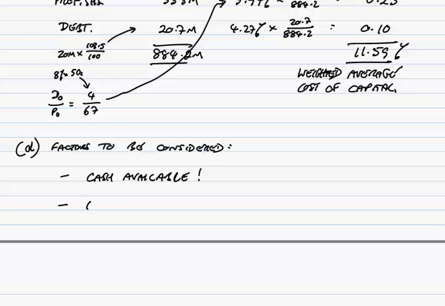Another one, legal considerations. The main one being that although clearly we can't pay a dividend if we haven't got the cash, whatever cash we've got, the law says, certainly in the UK and I think in most countries, dividend cannot be more than retained earnings.